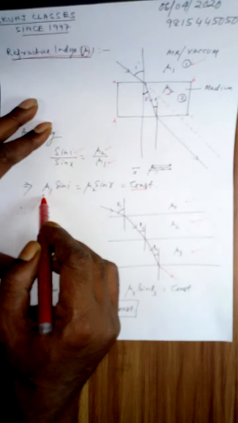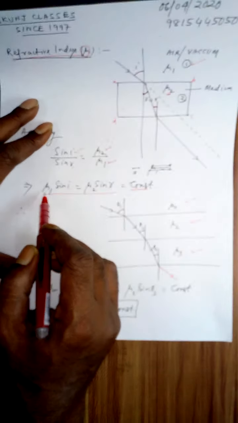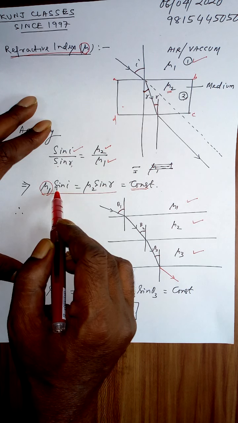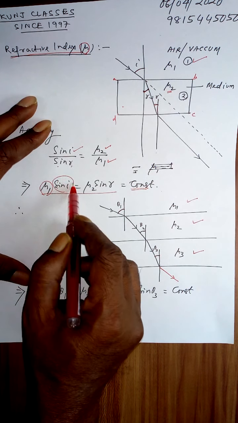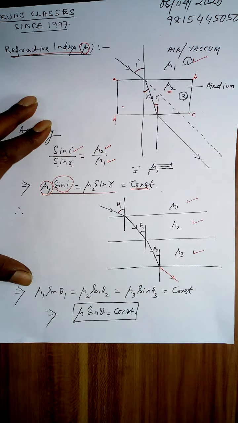So what is the conclusion from here? Mu of the medium into sine of the angle of incidence in the same medium is constant.